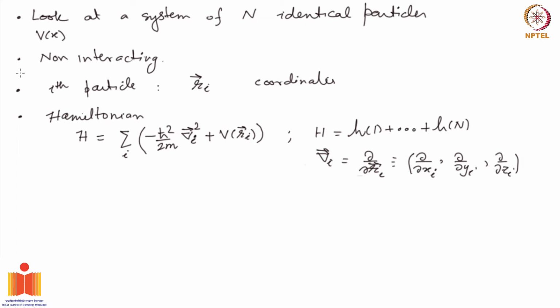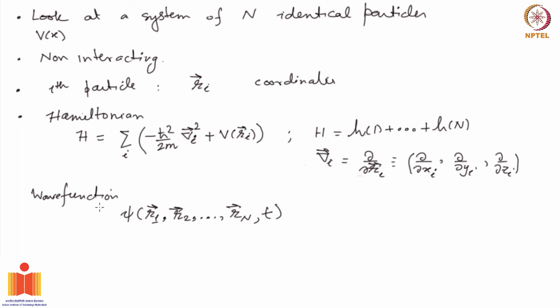Now if I look at the wave function, it will be denoted by psi. It will be a function of the coordinates of each of the particles, r1, r2, and so forth, rn, and of course it will depend on time. And what will be the equation of motion for this system?